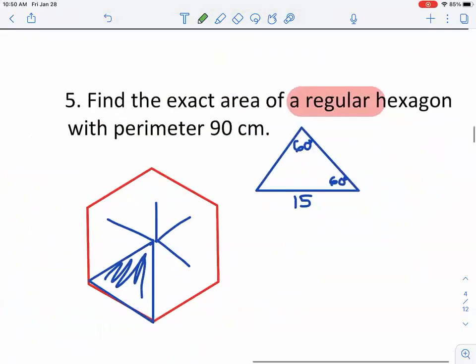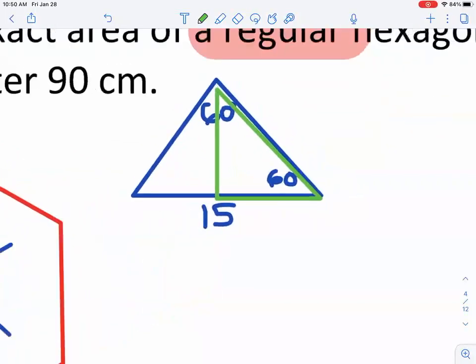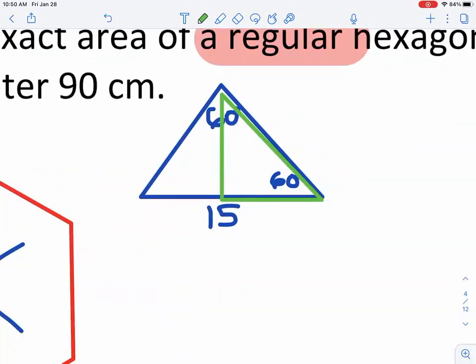But what we have, if we draw in our altitude, is we have a 30, 60, 90 triangle. And in that 30, 60, 90 triangle, our short leg is 15 halves.